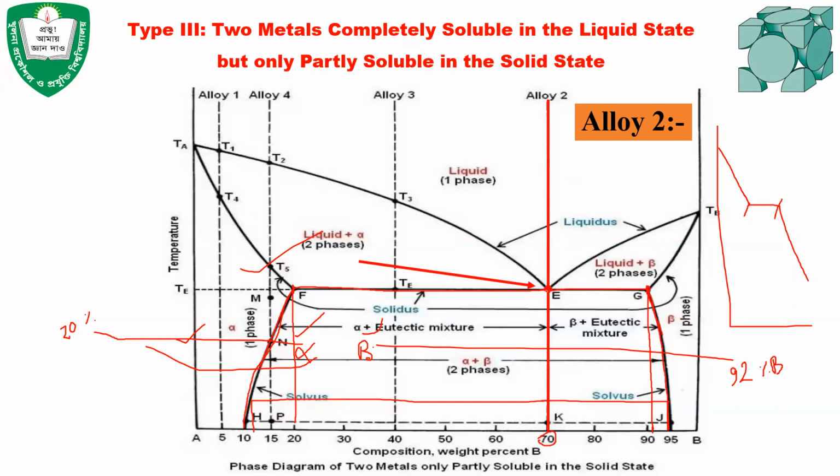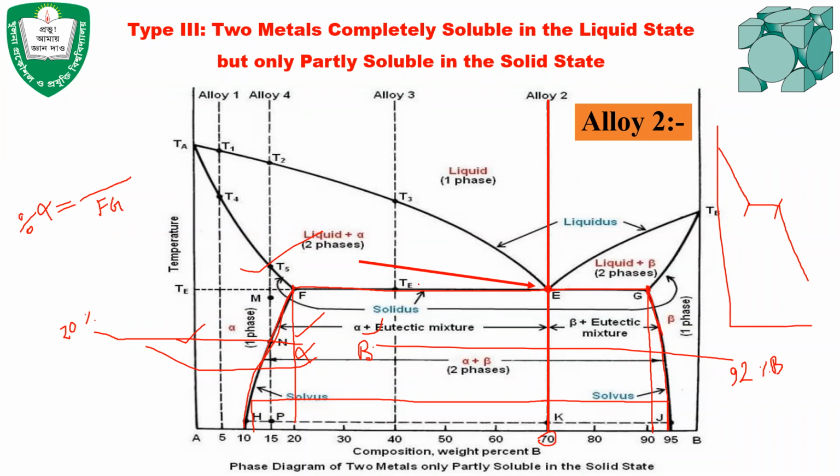If we consider that eutectic point temperature, what is the percentage of solid? If we want to find out the percentage of alpha, it will equal the total length from this point to that point. Okay, that means FG will be the total length that will stay below in here.